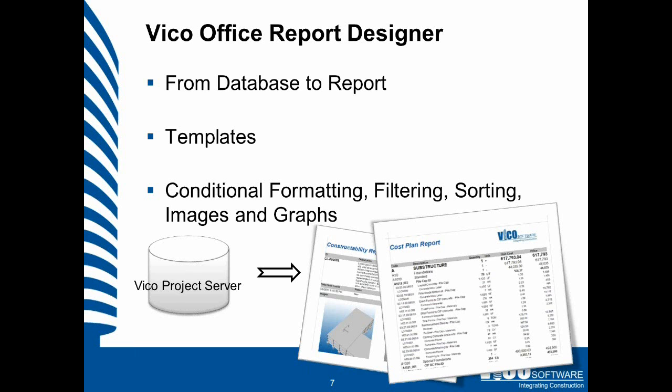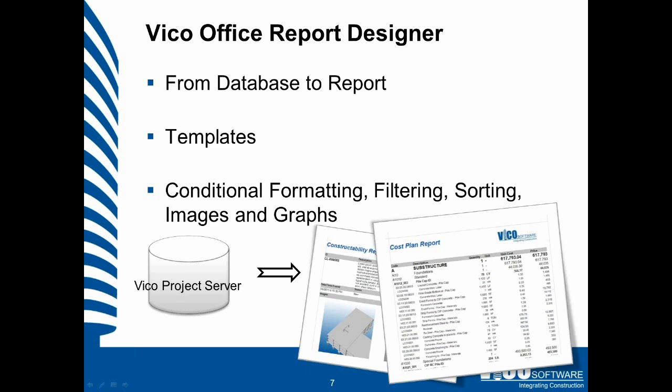The functions that we will be using today include conditional formatting, so everything that is on a certain level of your cost plan can be formatted so that it is recognizable. In the example here, we see everything that is on uniform at level 1 is in Arial and then point 16 and in bold.